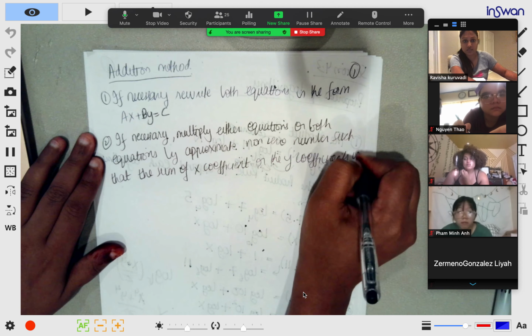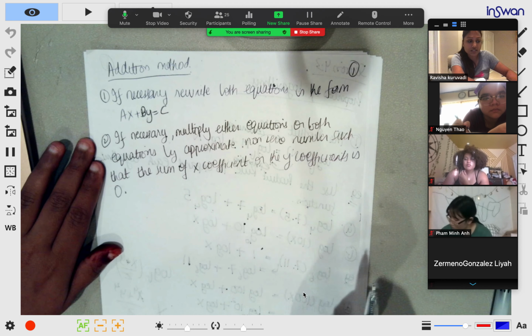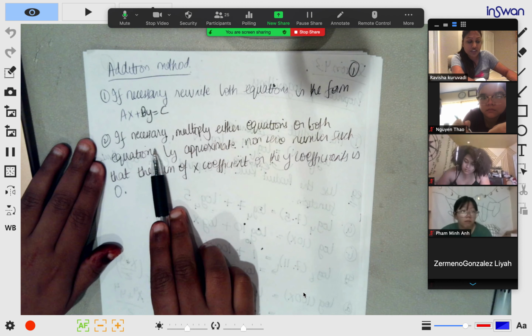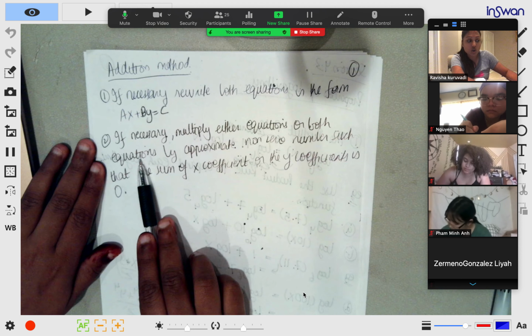I will explain this method. Don't worry, I'll explain what's written here. It says if necessary, multiply either equation or both equations by an appropriate non-zero number.